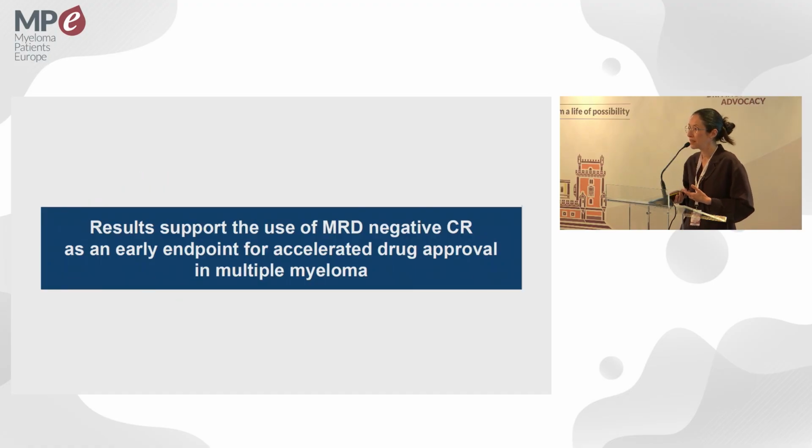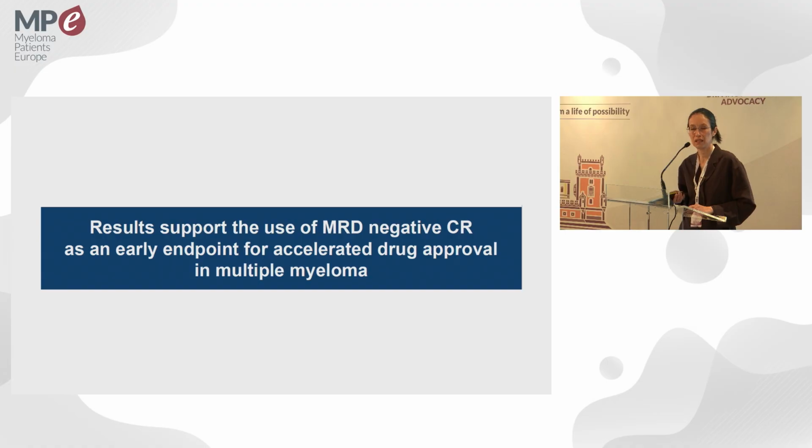And basically, the results of these 2 efforts, I'm sure you all know, have prompted the approval by the FDA of the use of MRD negative CR as an early endpoint for conditional accelerated drug approval in patients with myeloma.